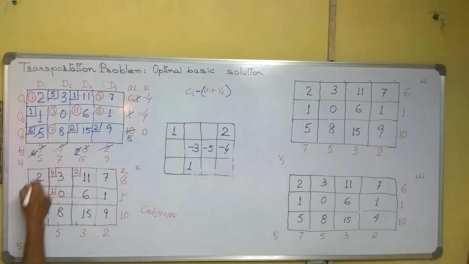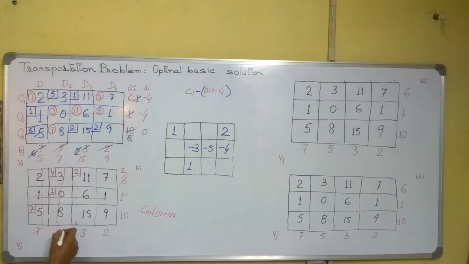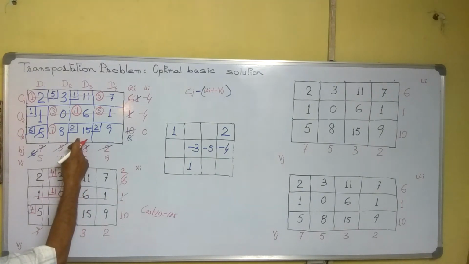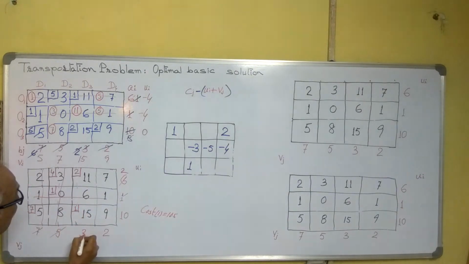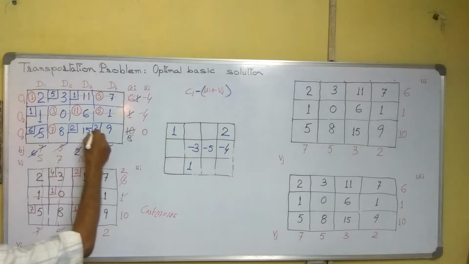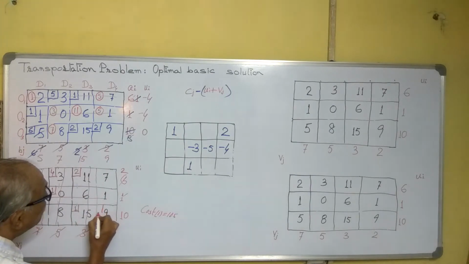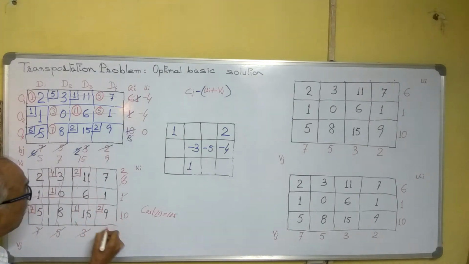This 7 is over, 4 and 1 is 5, this is also over. Here 15 was there, here we will allot 1. So 2 and 1 is 3, this is also over. Here 2 was there, we can keep it 2, the same allotment. So this is also over.